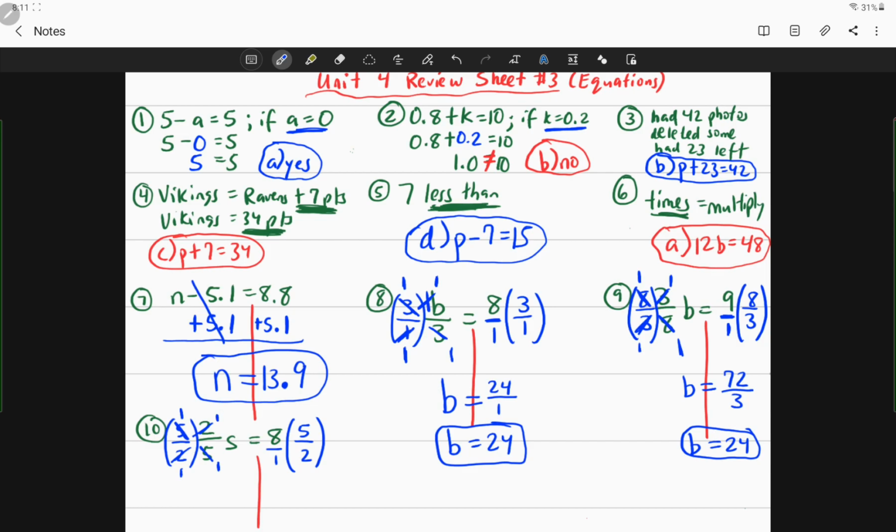Now I have my variable s, bring that down, bring down my equal sign. Now multiply my numerators, 8 times 5 is 40. Multiply denominators, 1 times 2 is 2. And I simplify this, 40 divided by 2. Again, use long division or a calculator, but it will tell you s is equal to 20. So there are 20 students in the class.